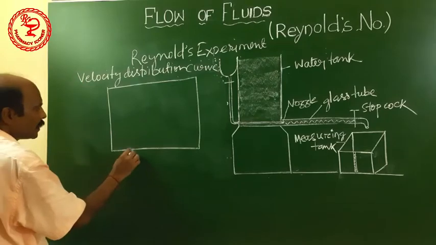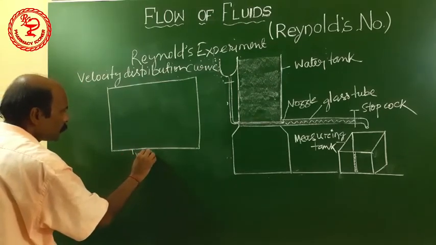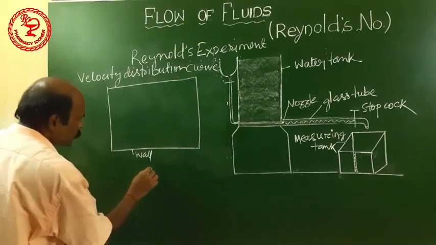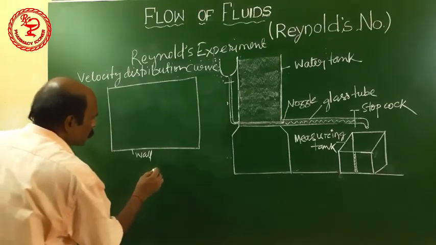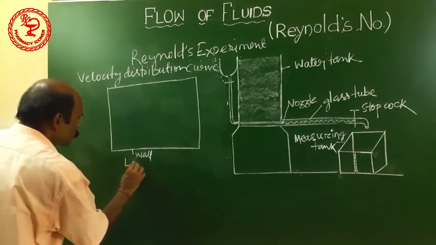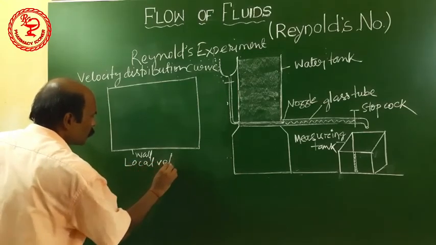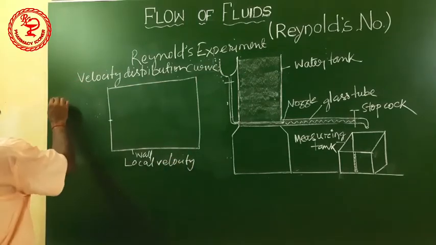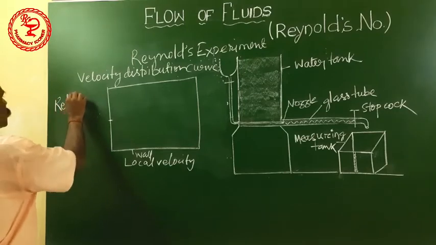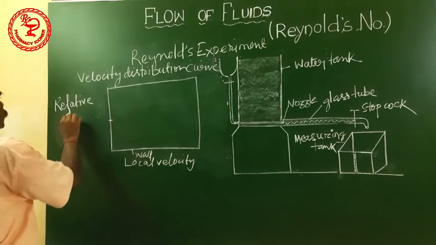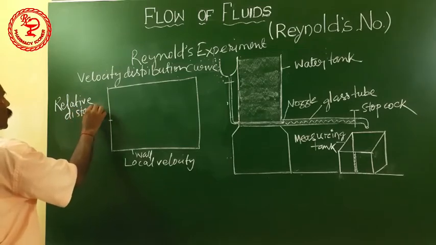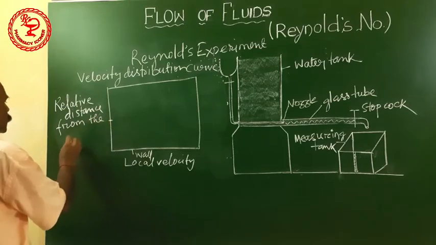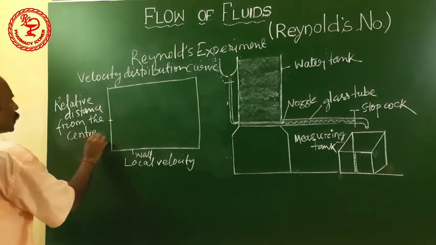It is the wall of the pipe, and the x-axis is the local velocity. The other axis is the relative distance from the center. This is the center.